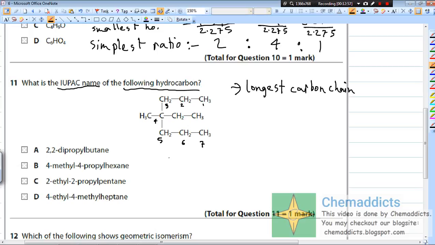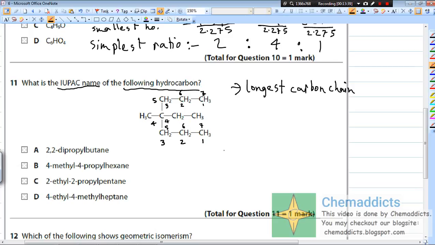Okay, so if we count the other way around, 1, 2, 3, 4, 5, 6, 7. Okay, so there are 7 carbon atoms in the longest chain.